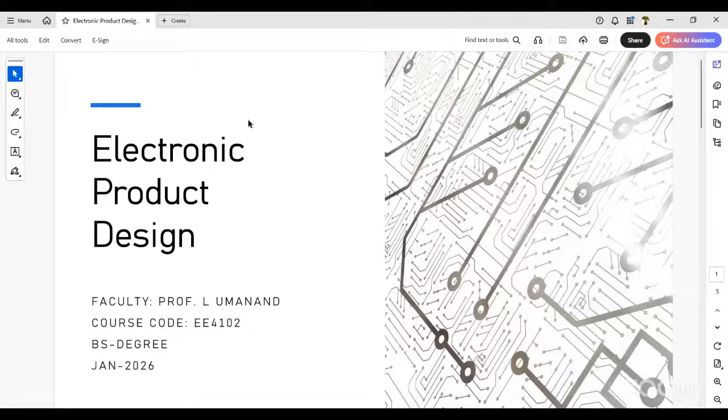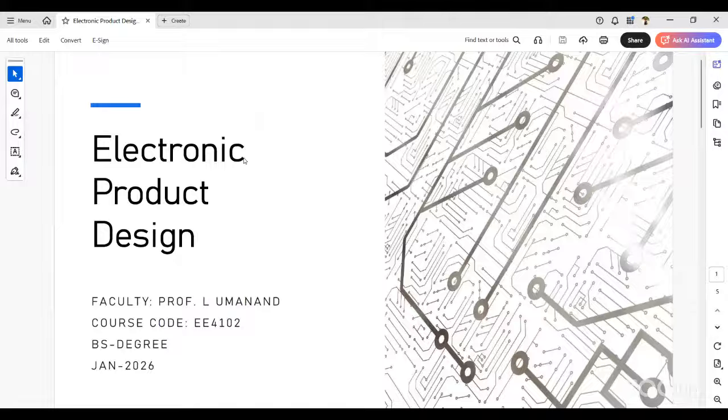About the faculty, Professor Umanand is a full-time faculty here in the Department of Electronic Systems Engineering in IISc Bangalore. His areas include electronic system design, power electronics, and photovoltaics, and he works on a range of fields, with the main focus being power electronics.